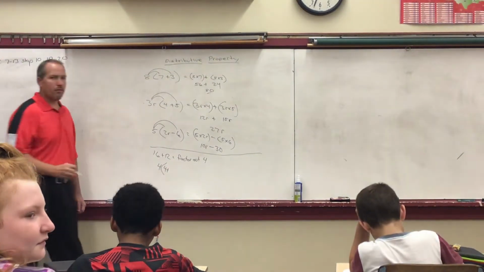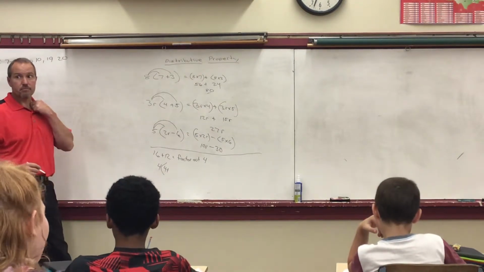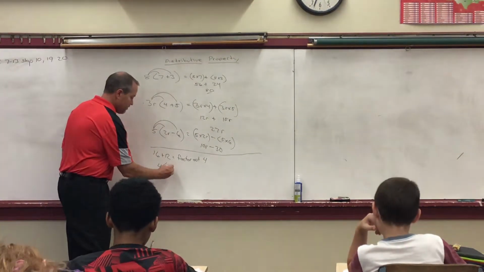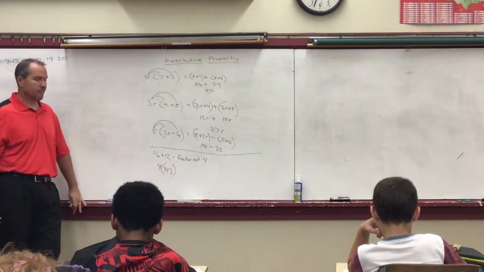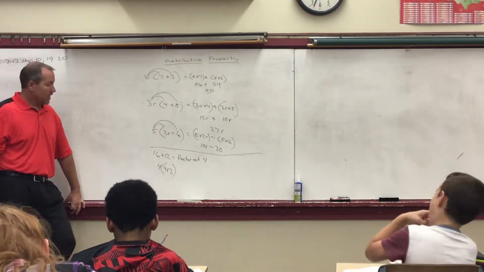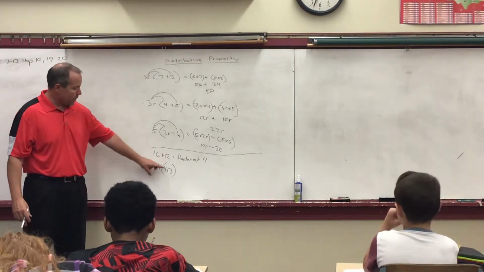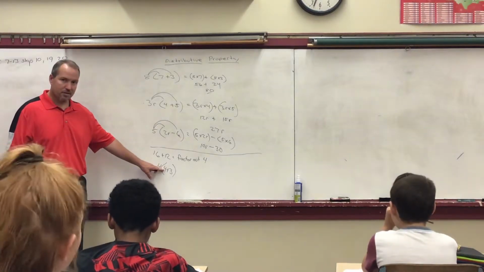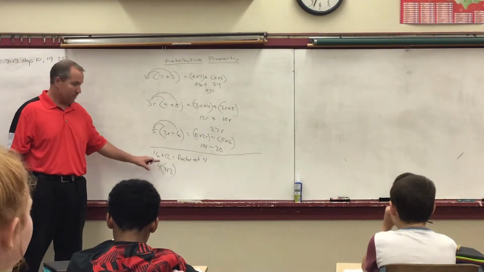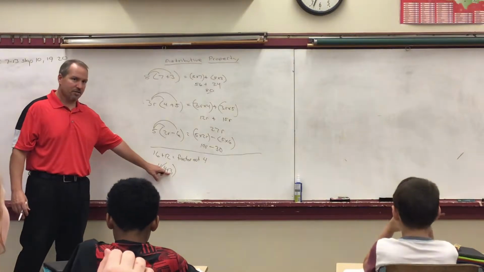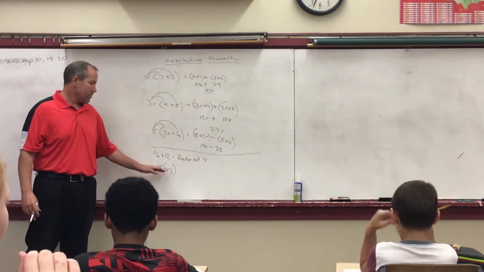What is 12 divided by 4? 3. Now, if we go back, we distribute the 4 in. 4 times 4 is 16. 4 times 3 is 12. Okay?